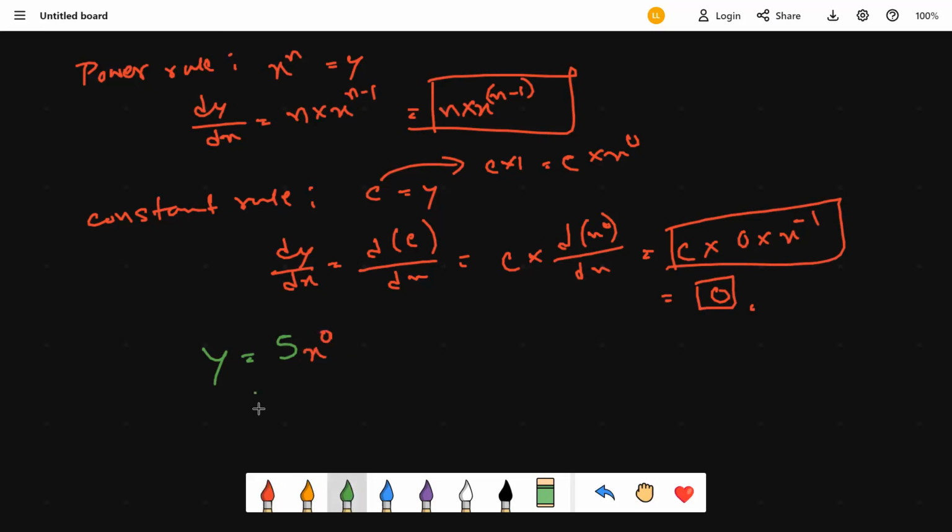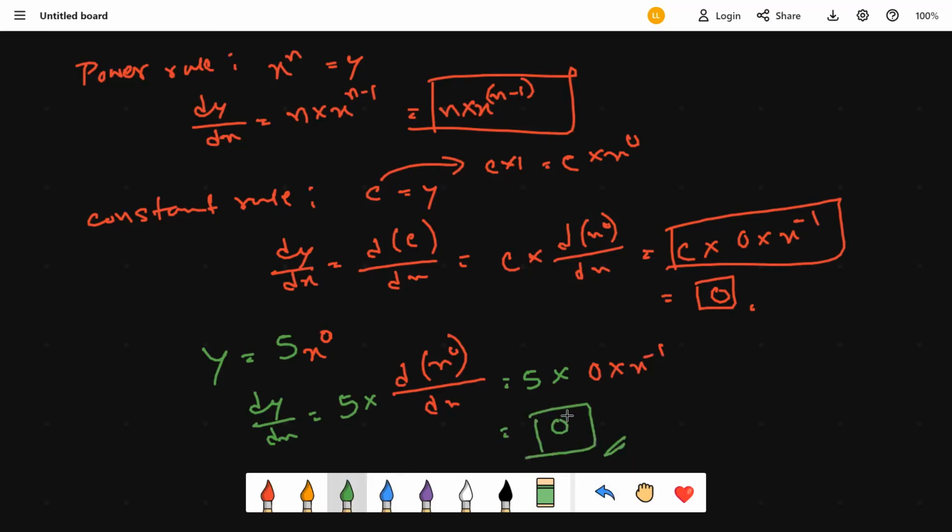When we differentiate, dy by dx, we get 5 times the differentiation of x to the power 0 over dx, then 5 times 0 times x to the power minus 1, so we simply get 0. So that's our constant rule. These are two of the equations, so we can number them: this is number 1, this is number 2.